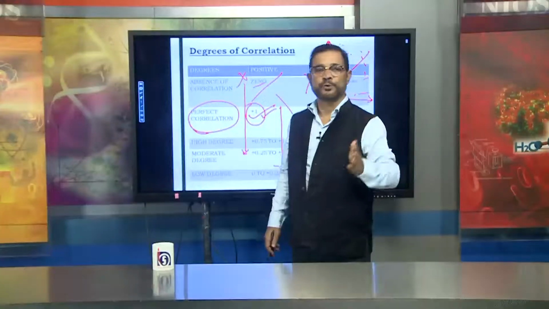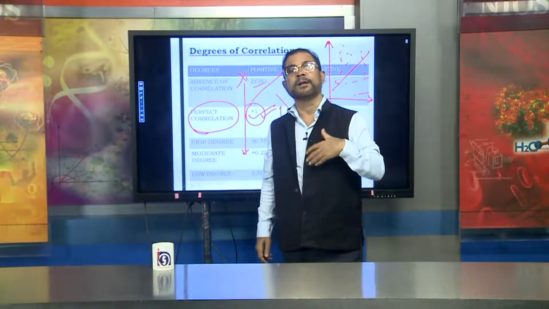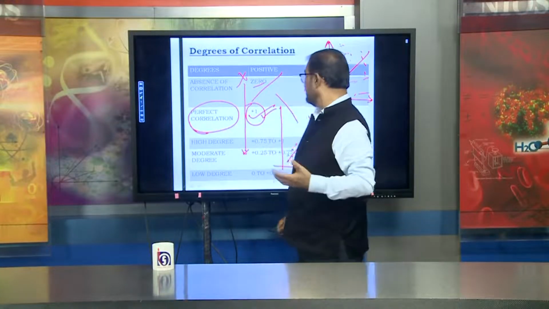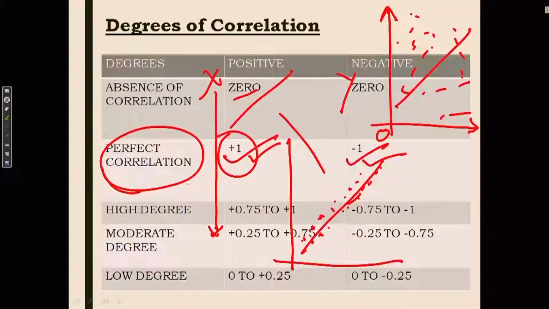This is the range to make the interpretation of the relationship, that is perfectly correlated, highly correlated, moderately correlated, and there is a low correlation between two variables.